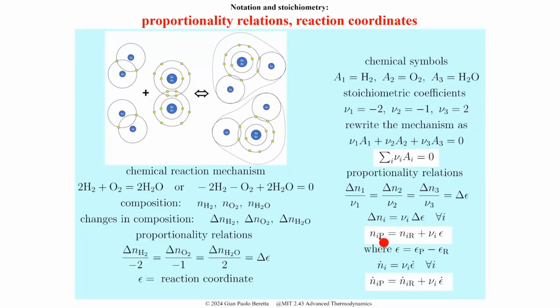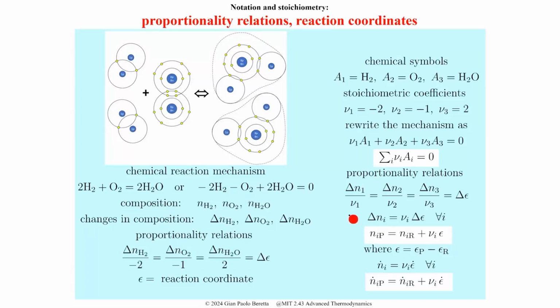So the change delta n is equal to final minus initial. So this is n_p minus n_r is equal to nu sub i times epsilon. And this epsilon here is actually a delta. It's the difference between the value of the reaction coordinate that describes the products and the value of the reaction coordinate that describes the reactant composition.